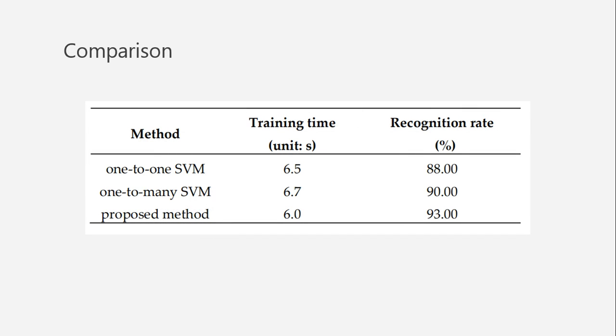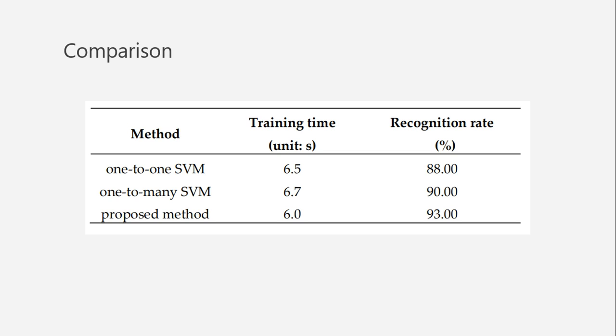We also made a comparison between our method and one-to-one SVM as well as one-to-many SVM method. Both the two traditional methods use the same radial basis kernel function. The one-to-one SVM and one-to-many SVM had a total of 4 classifiers. In this experiment, both the training set and the test set were the same.